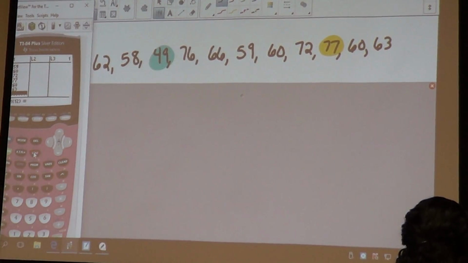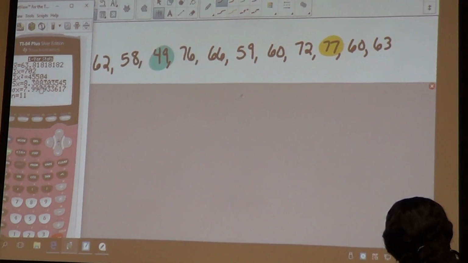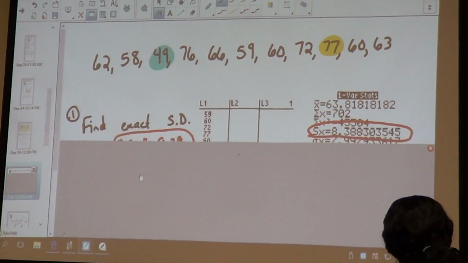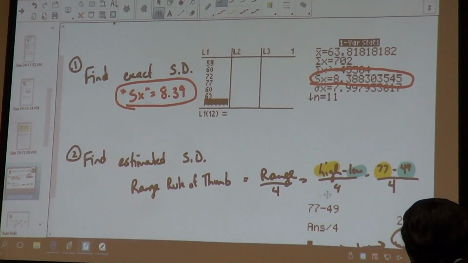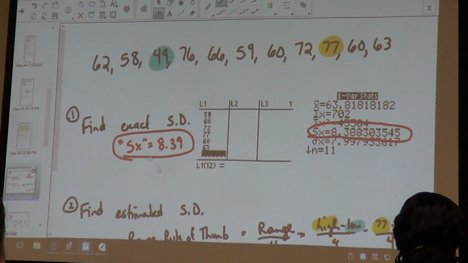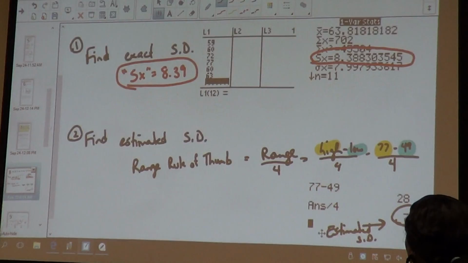So I'm going to do stat edit, stat calc, 1-var stats. So the exact standard deviation is 8.38. So if you come down, I've worked it out for you. Here's some data. The exact standard deviation is 8.39. The estimated standard deviation is 7.